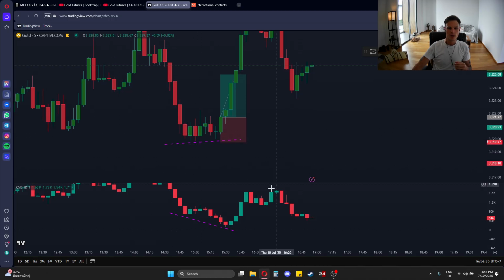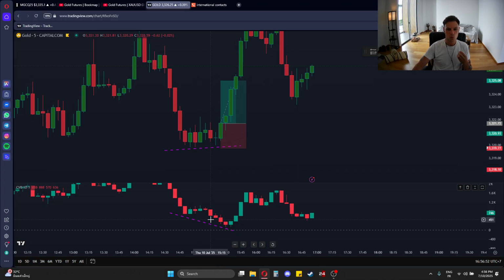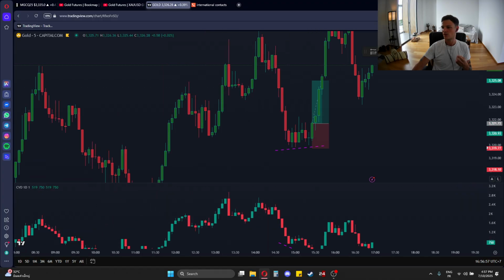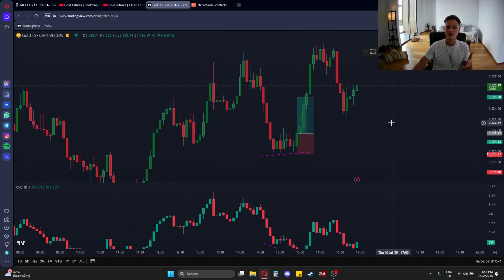But this is way more powerful than the RSI because you're seeing the actual sellers right here. You're seeing them fail. You know that these are sellers, red candle, red, red, red. And you see the price saying, nah, man, I ain't going nowhere. This is way, way more powerful than the RSI or the MACD.